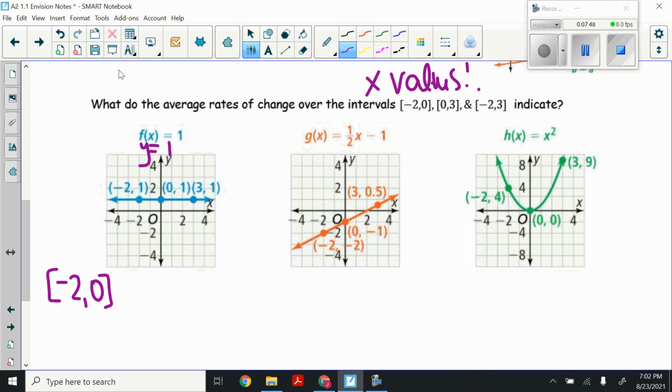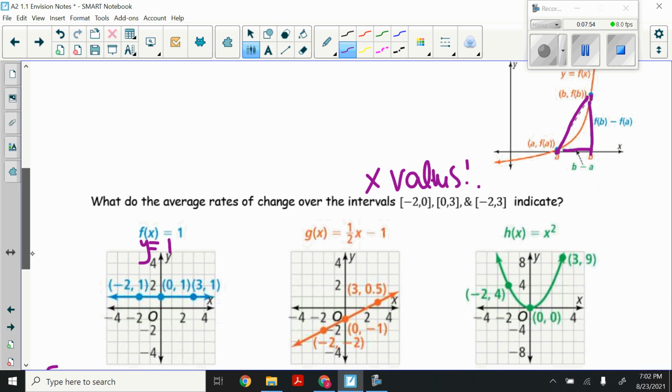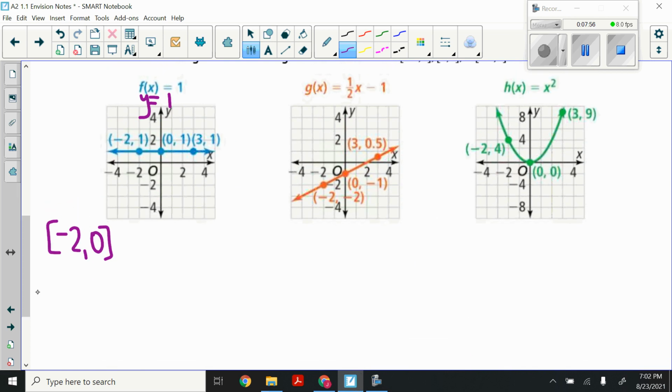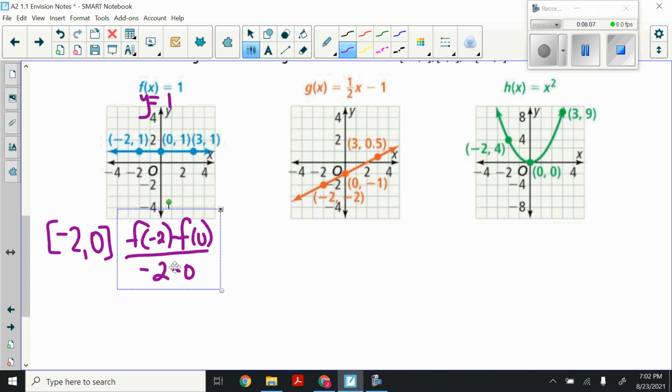So if I want f of x, and again, it doesn't matter which one I start out with. If I'm looking at f of -2 minus f of 0 over -2 minus 0, that's what I'm looking at. So f of -2, that means I go to my graph. When x is -2, what is my y value?